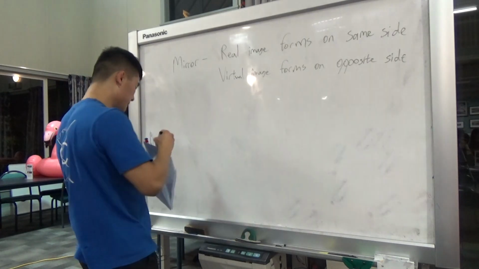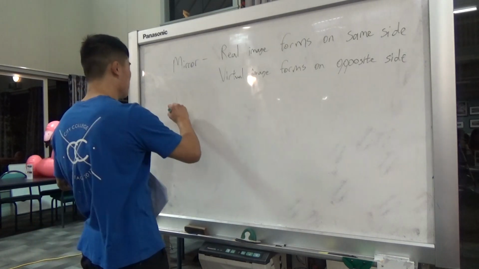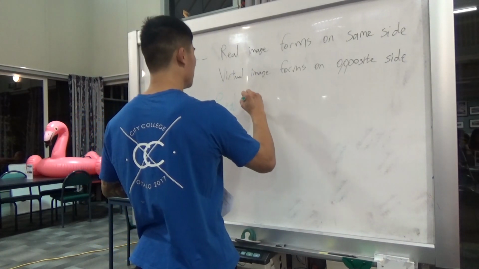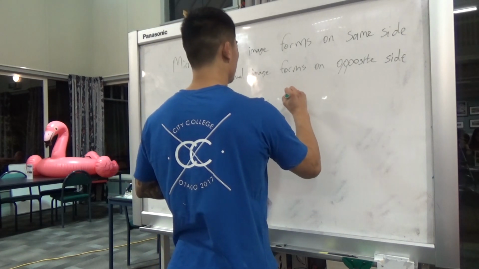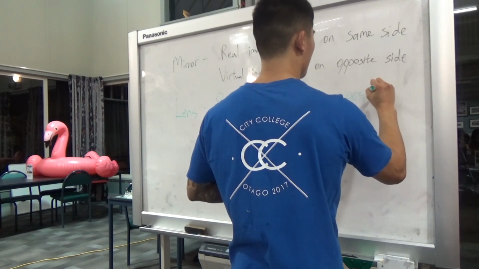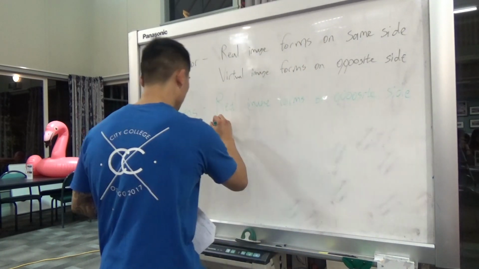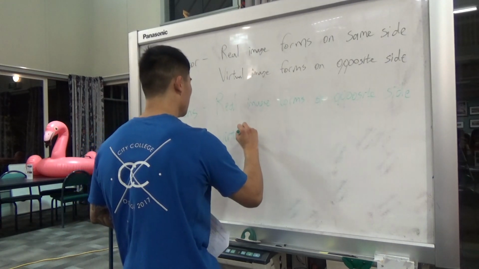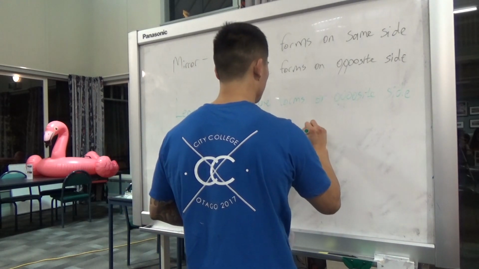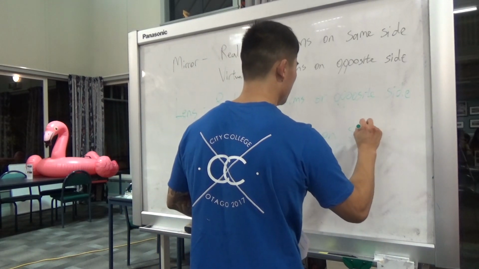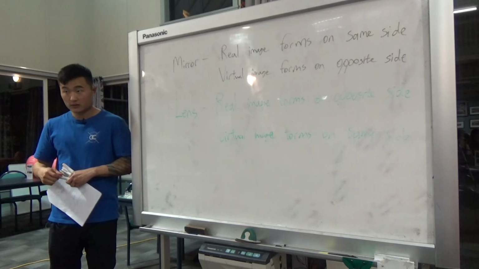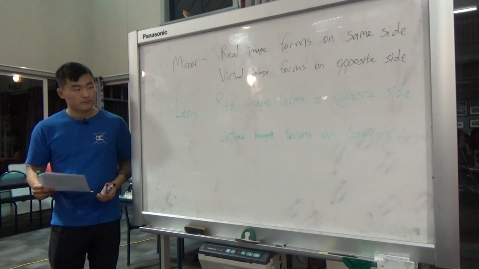And then for a lens, a real image forms on the opposite side, and a virtual image forms on the same side. Okay? All right.